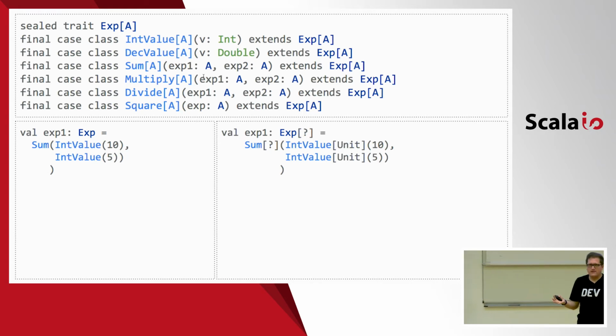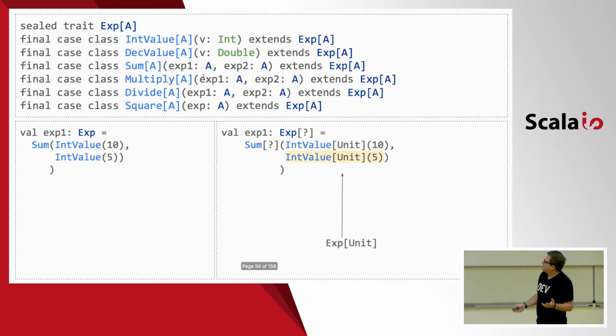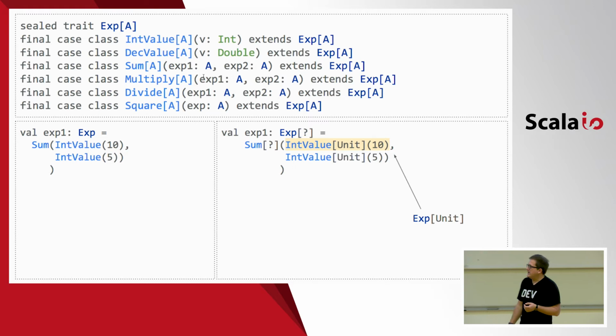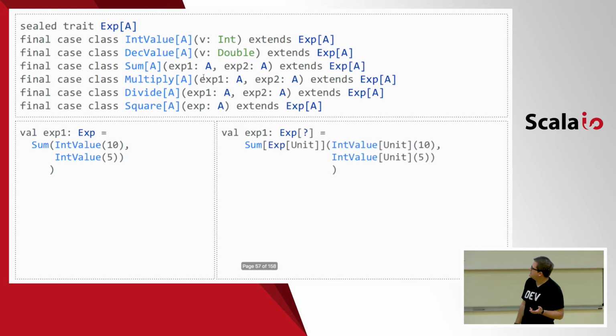Okay, so that's good. But what about sum? Well, we see that this thing is expression of unit. That thing is also expression of unit. And if we look at the sum definition, sum is saying, I will have two a's. What is a in our sum at this point? It's expression of unit, right? So I can just put here expression of unit. Then the final type that we're having is expression of unit.